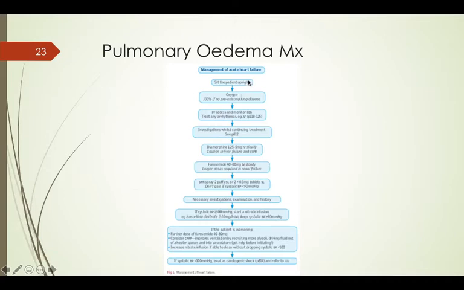Okay, so we're going to sit them upright, give them high flow oxygen, monitor the ECG, and we're going to give them diamorphine. It's a venous dilator. Furosemide, big doses here to get rid of that excess fluid, and nitrate spray. All of this algorithm can be found in the Oxford Handbook under the emergency section.